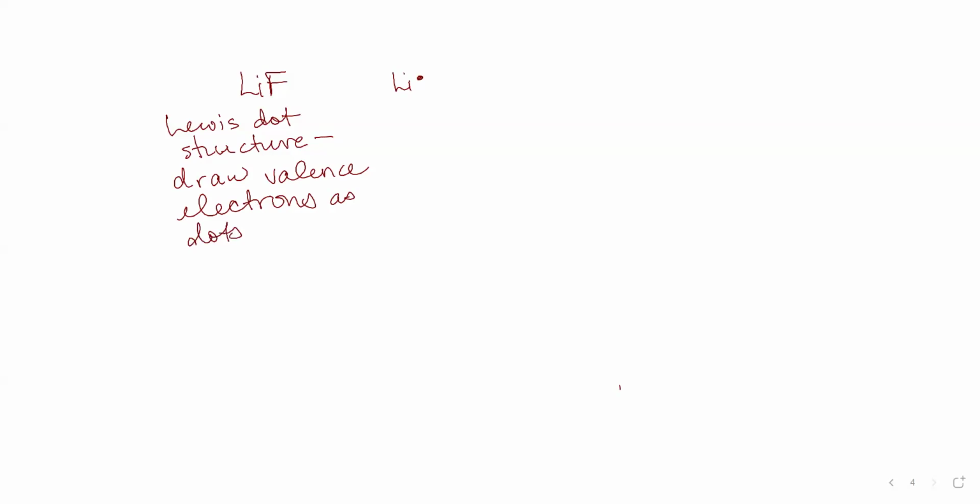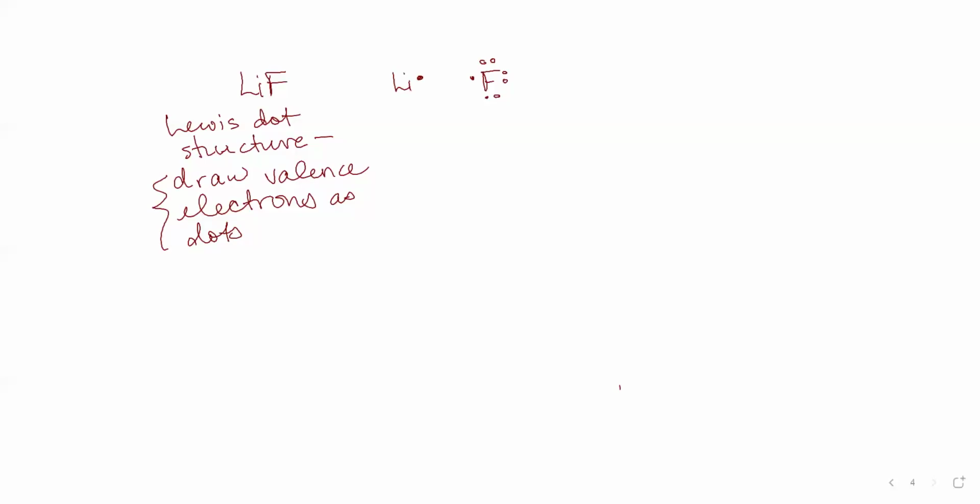The core electrons we don't indicate. And then we have fluorine, which, being in group 7A, has 7 valence electrons.